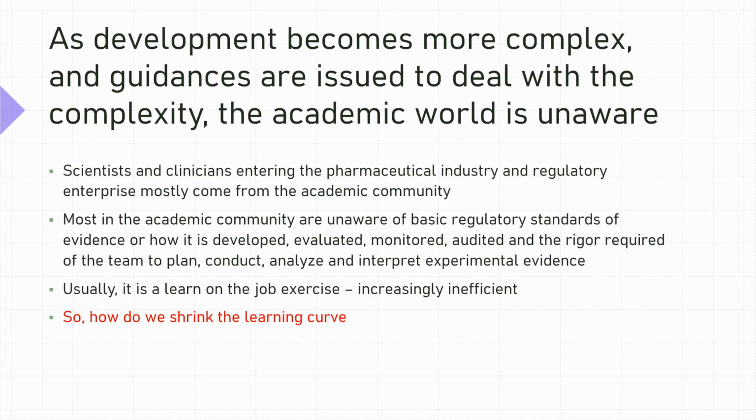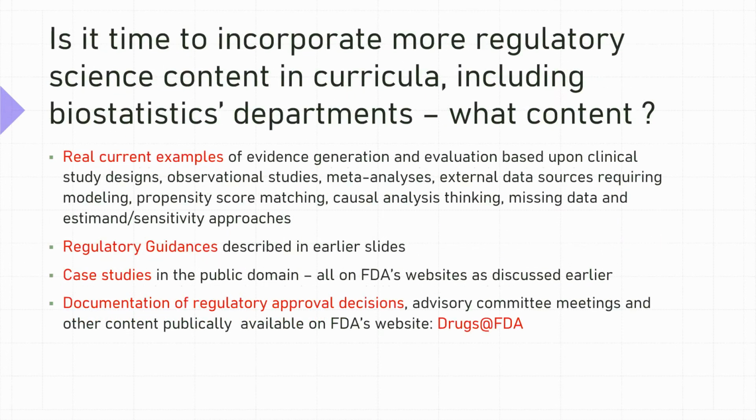So my position is, how do we shrink the learning curve? Is it time to incorporate more regulatory science content in the curricula, including biostatistics departments? And what content might that consist of?